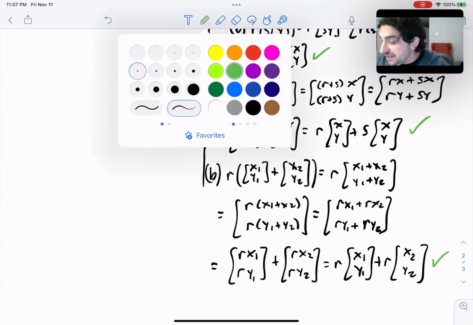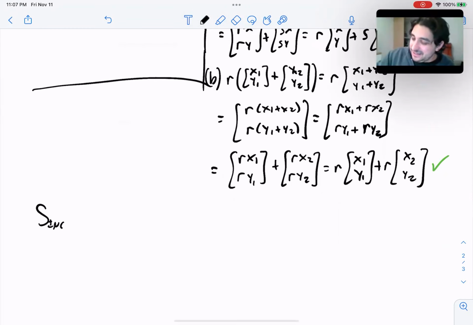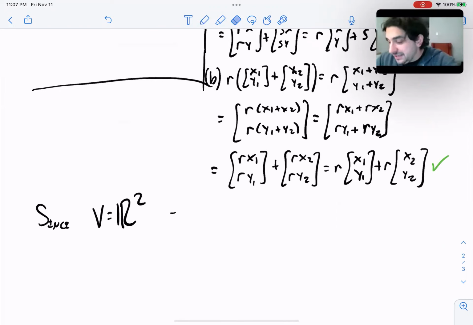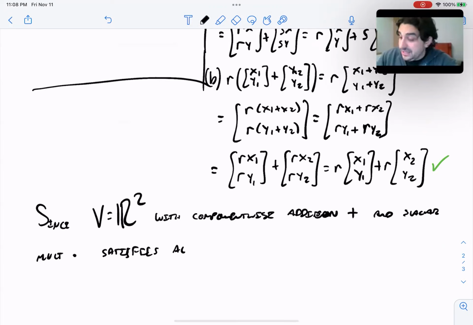So what is the conclusion of all of this? Well, since V, which in this case was the plane, with component-wise addition and scalar multiplication, those are the operations, satisfies all 10 properties, it has to satisfy all 10.